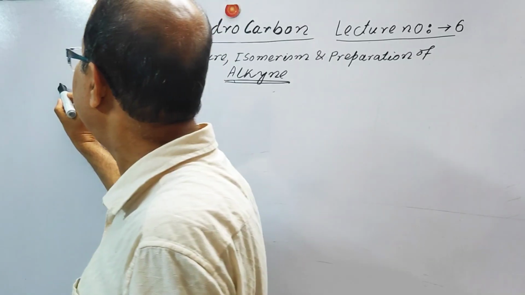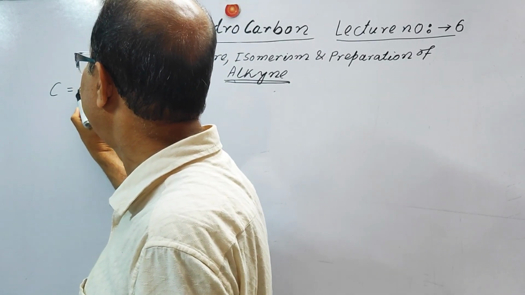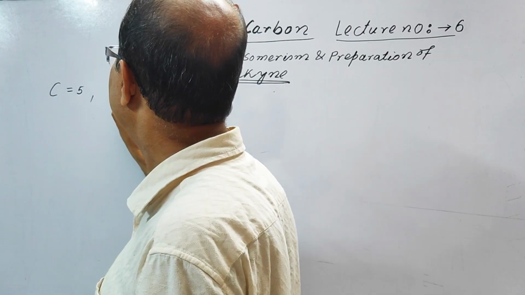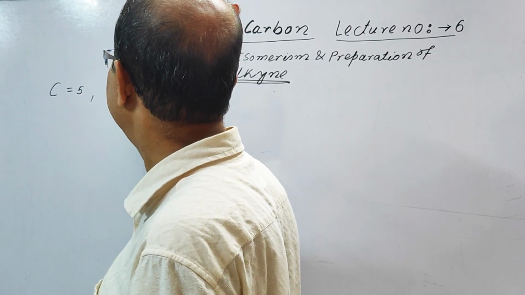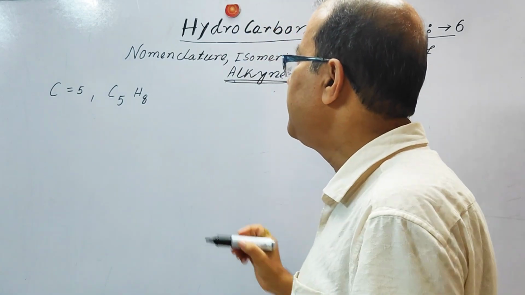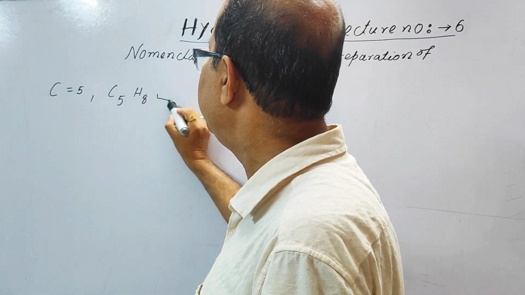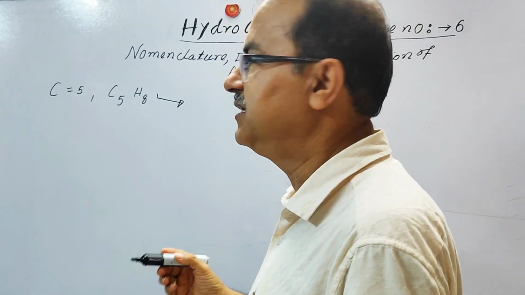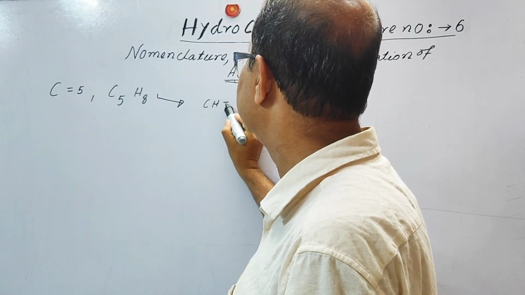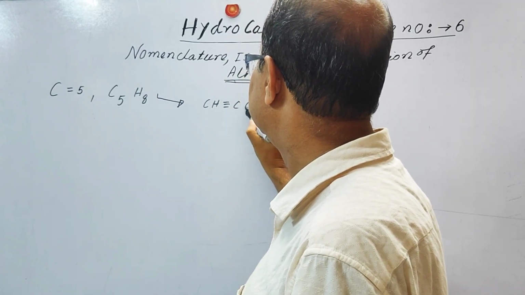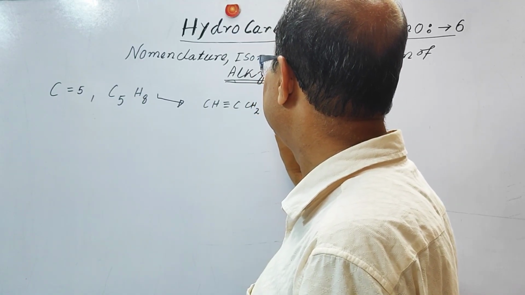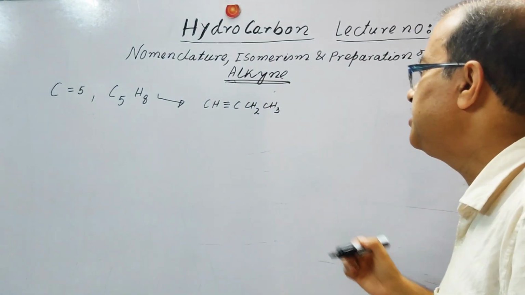When the number of carbon atoms is 5, at that time the formula will be C5H8. At that time, how many structures are possible, let us understand. First you can see this structure. This is one structure that you can see.